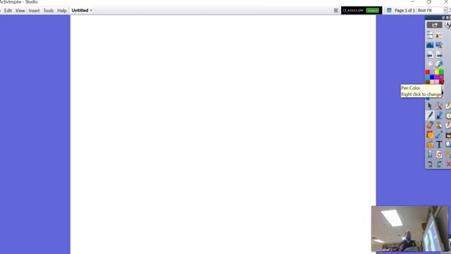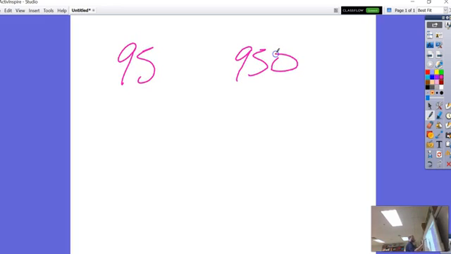If I gave you 95 and 950 and asked you to compare those two numbers, it would be pretty easy to understand that I'd rather have 950 than 95. So the answer to compare those two numbers would be less than.